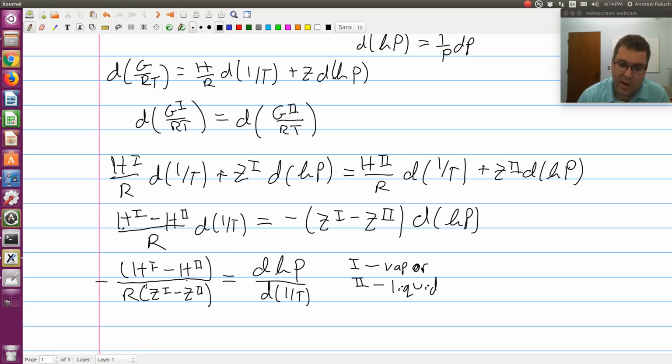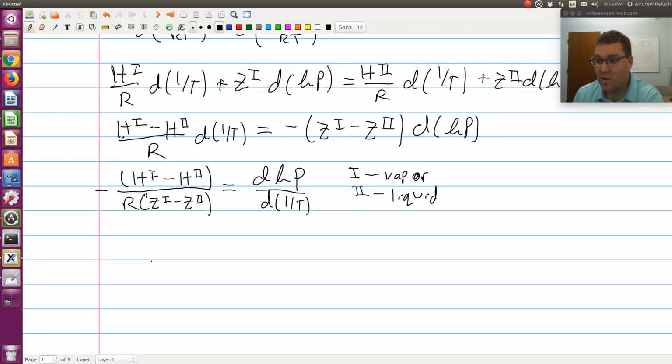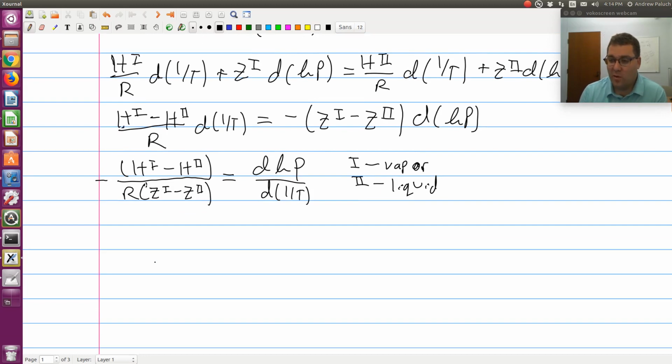If I have the difference between vapor and liquid phase, remember we're talking about a system at two-phase coexistence, then that's the same as property change of vaporization. So now I'm talking about vapor-liquid equilibrium, where I've called phase 1 my vapor and phase 2 my liquid. It doesn't matter how you label these things. And so now H1 minus H2 becomes delta H of vaporization.